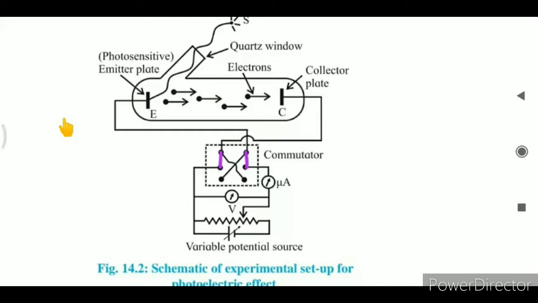Now we will study the variation in photoelectric current.